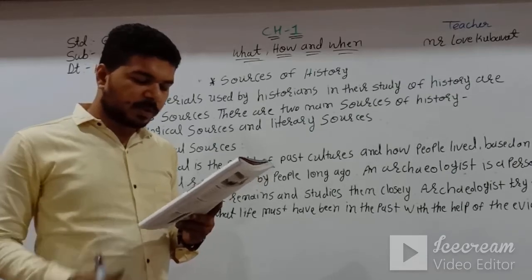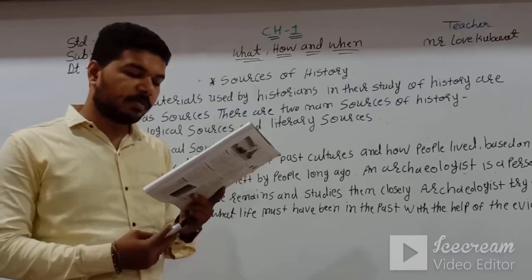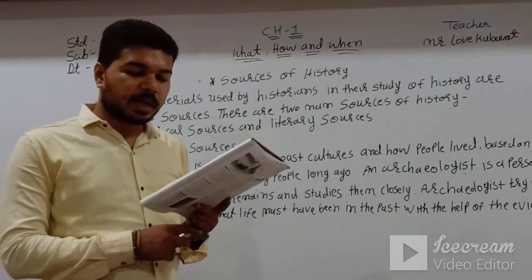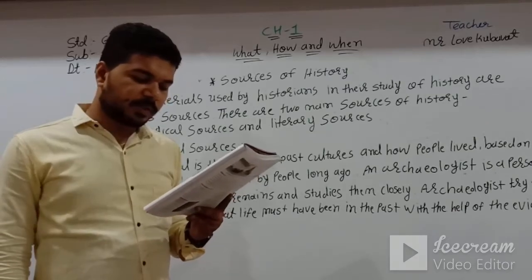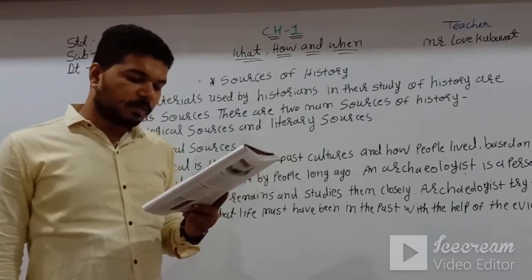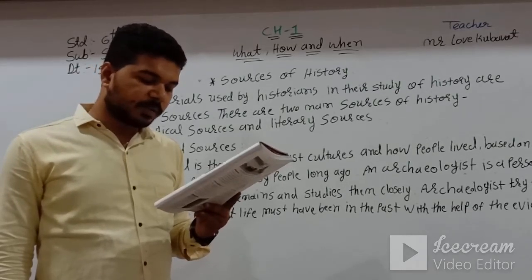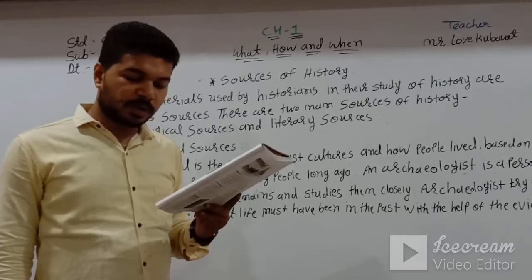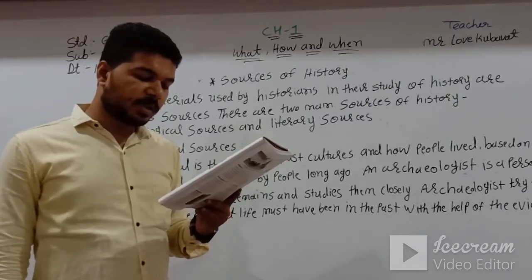Historians also find these sources useful as they help verify information found in written records. Some of the archaeological sources used by historians include monuments, caves, rock shelters, fossils, beads, tools, toys, jewelry, pottery, coins, inscriptions, and pillars.